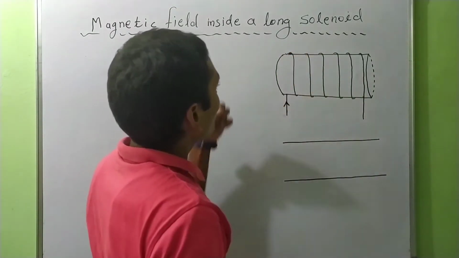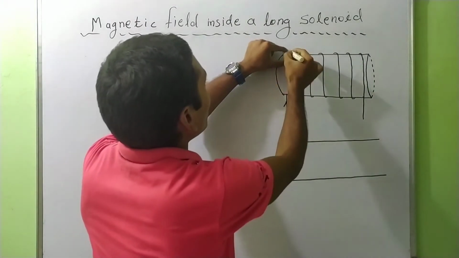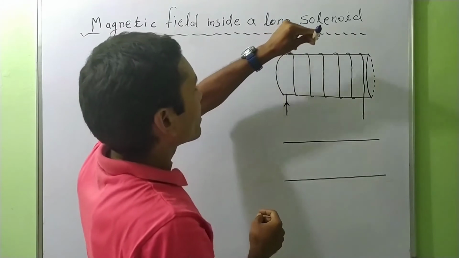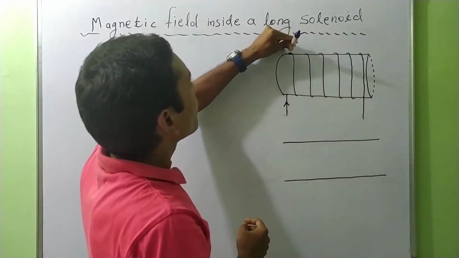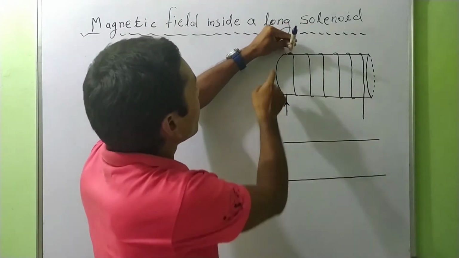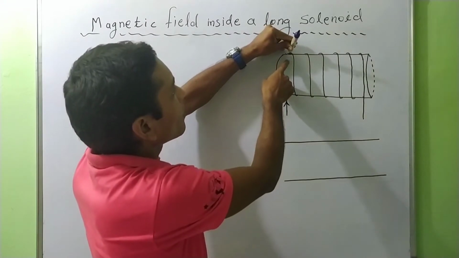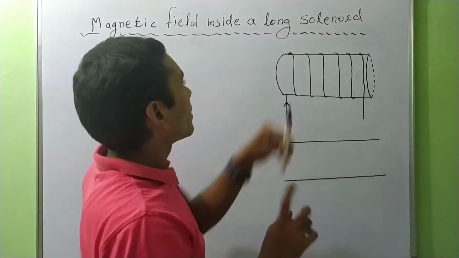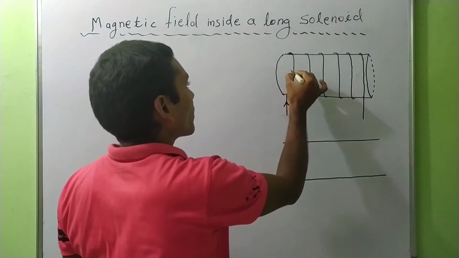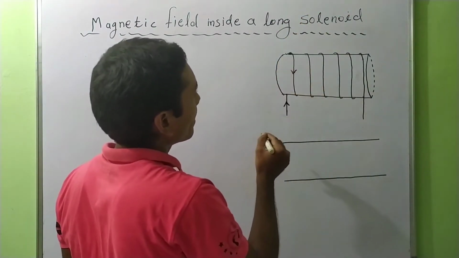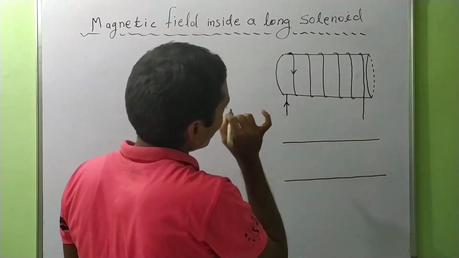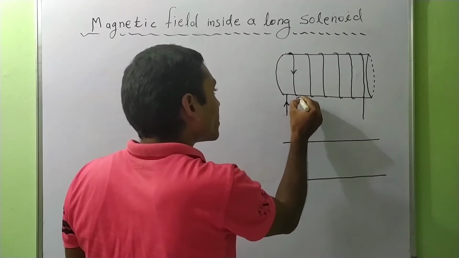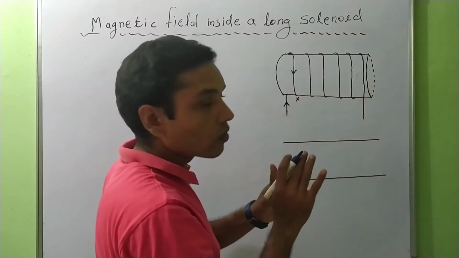So the direction of current at the top of this closed loop will be along this direction. Current will be coming out from this point at the top of the solenoid, and current will be going in at the bottom of the closed loop.